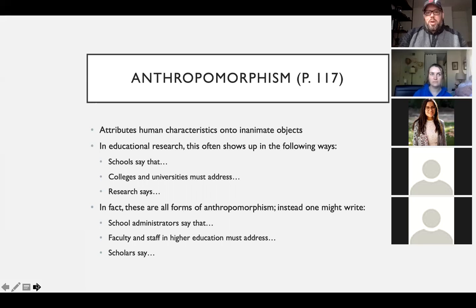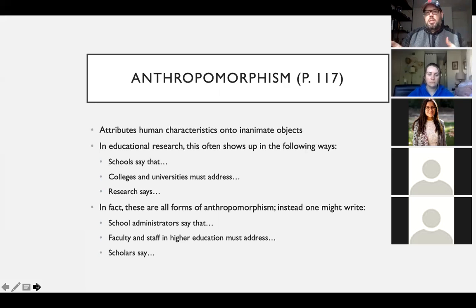Instead, school administrators say that faculty and staff in higher education must address, or scholars say, would be appropriate because those are human individuals who are doing those things. And so again, sometimes we get into that languaging in our work where we are trying to make a statement about what schools should be doing better.